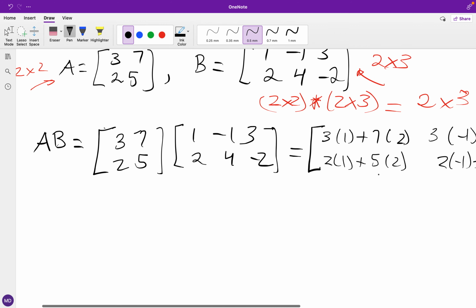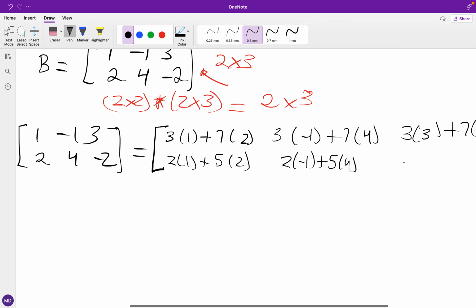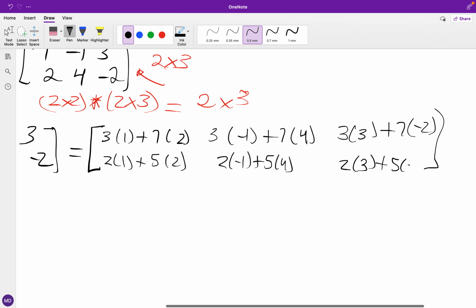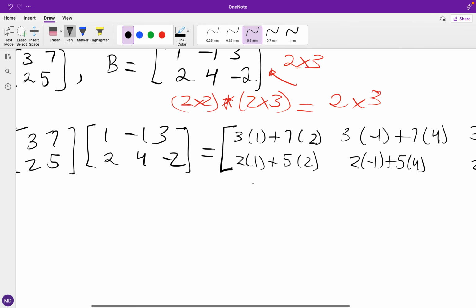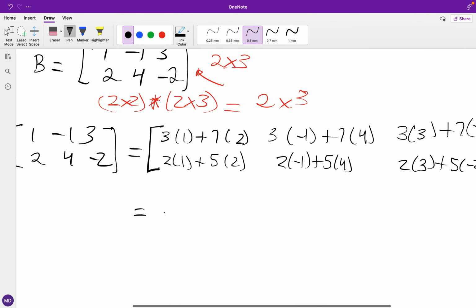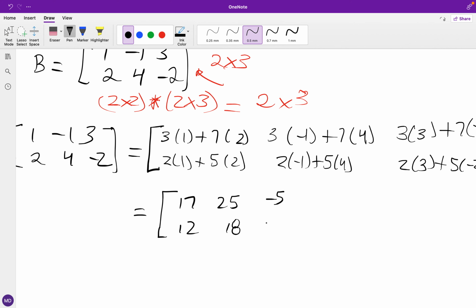And finally, the second row and third column would be 2 times 3 plus 5 times negative 2. And if you do the arithmetic here, you get the matrix 17, 12, 25, 18, negative 5, and 4. And this is our matrix product AB.